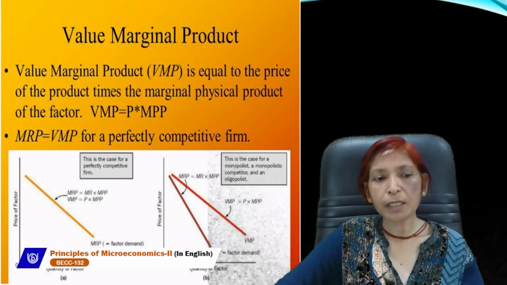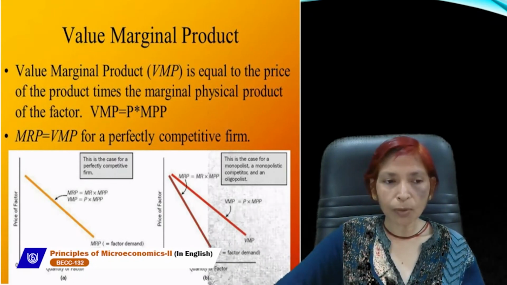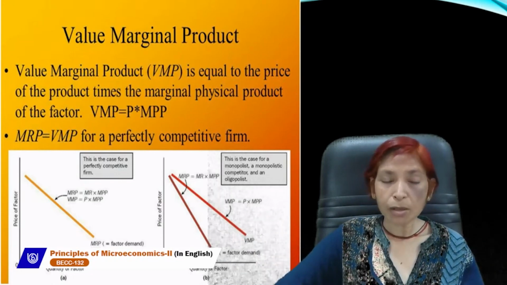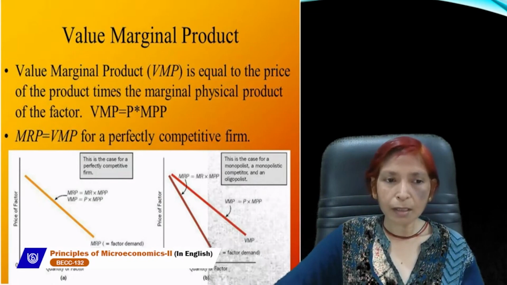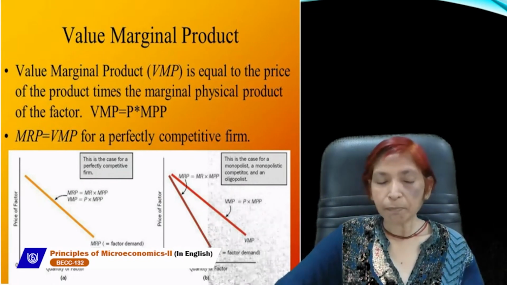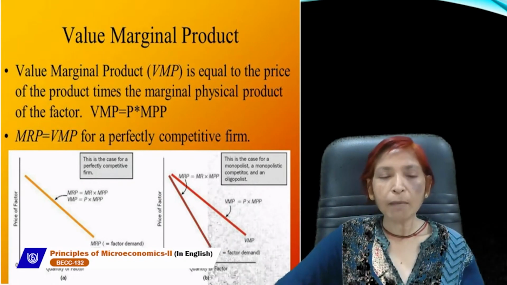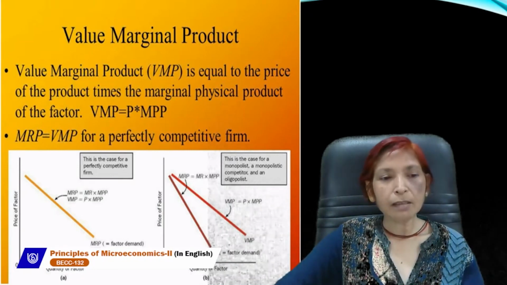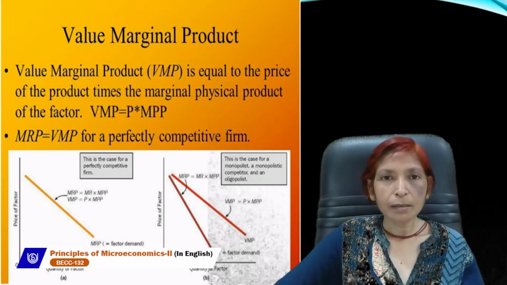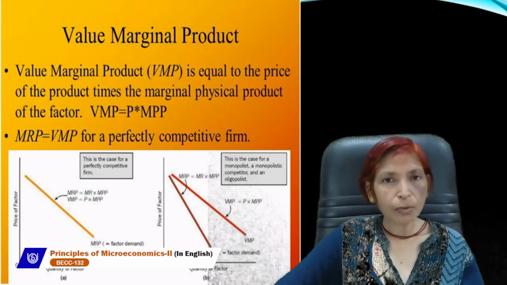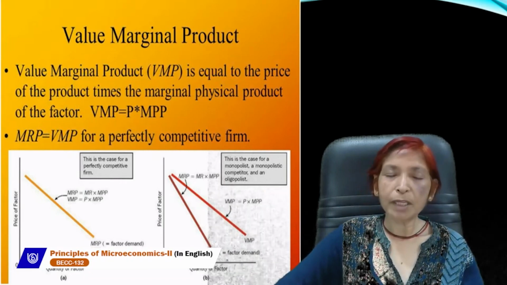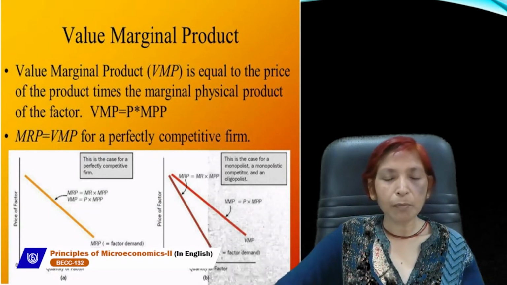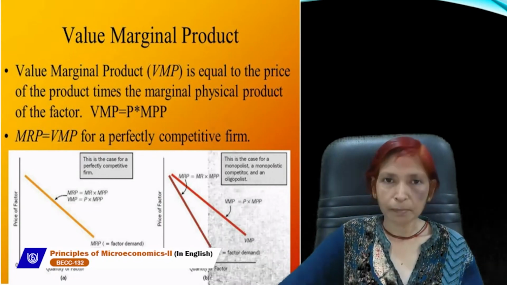So MRP and VMP remain always equal in a perfectly competitive firm, because MPP into AR gives us VMP and MPP into MR gives us MRP. And if AR equals MR, then the MRP value will equal the VMP value. So this condition exists only in a perfectly competitive firm.